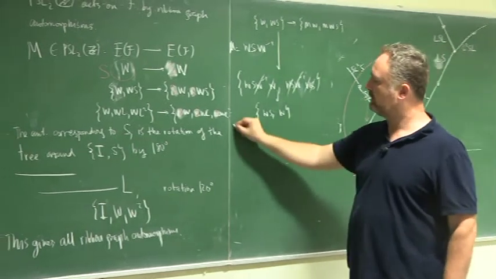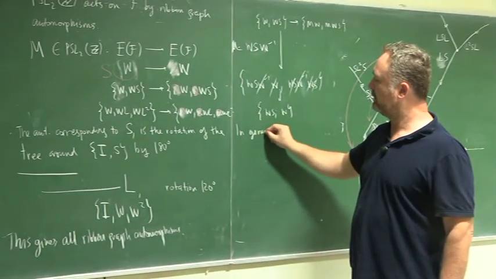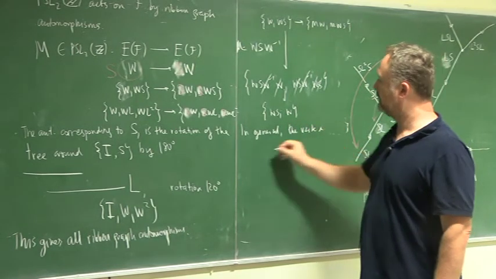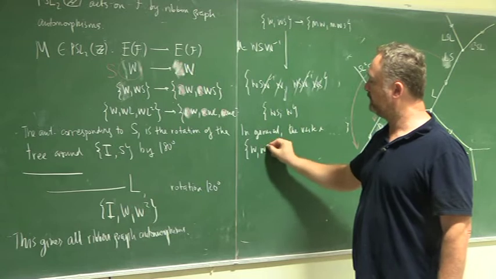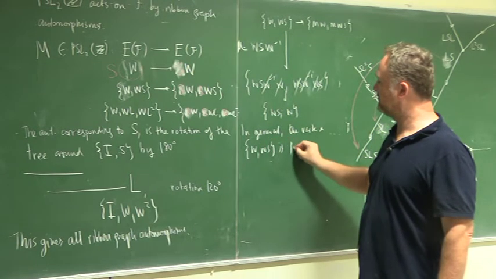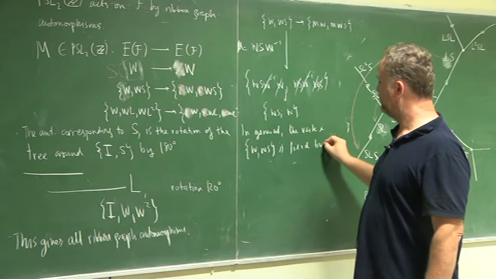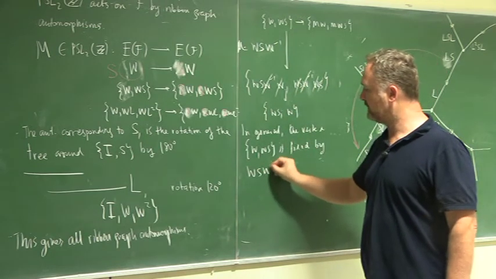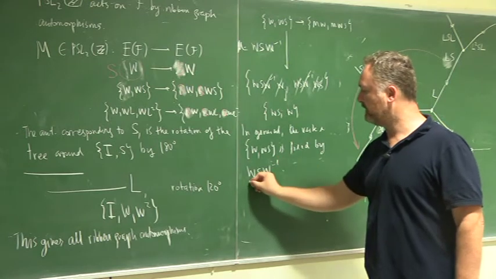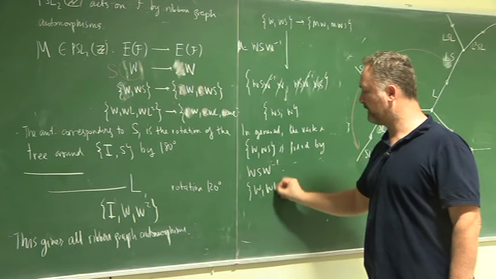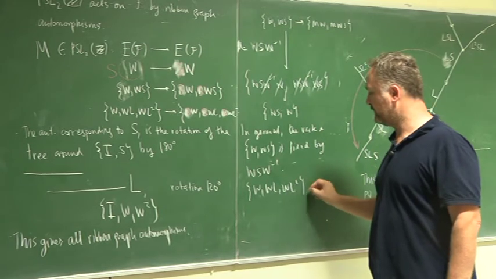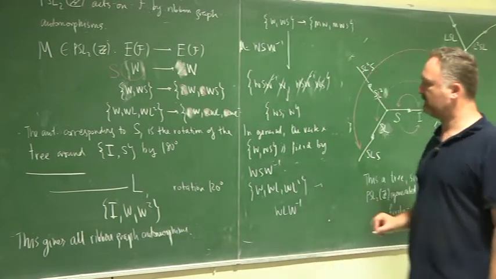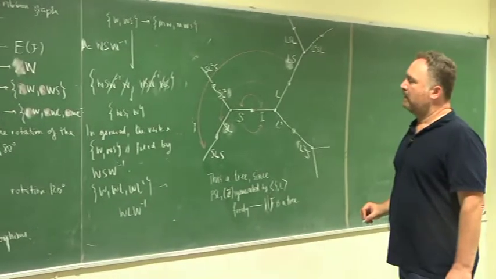So in general, the vertex WS is fixed by the automorphism coming from WSW⁻¹, and similarly WLW² is fixed by WLW⁻¹.